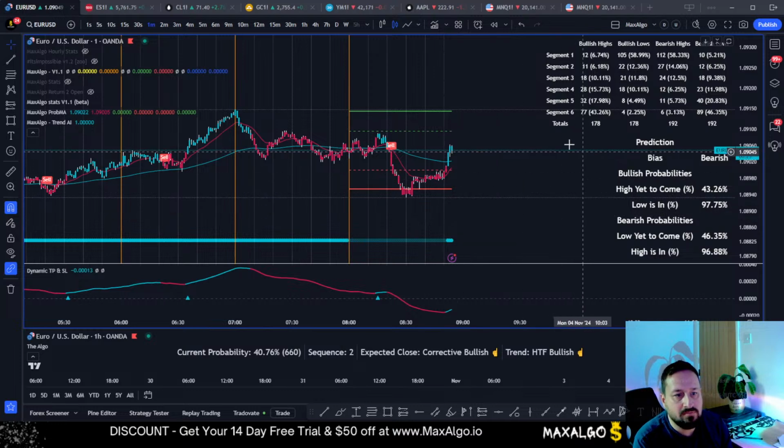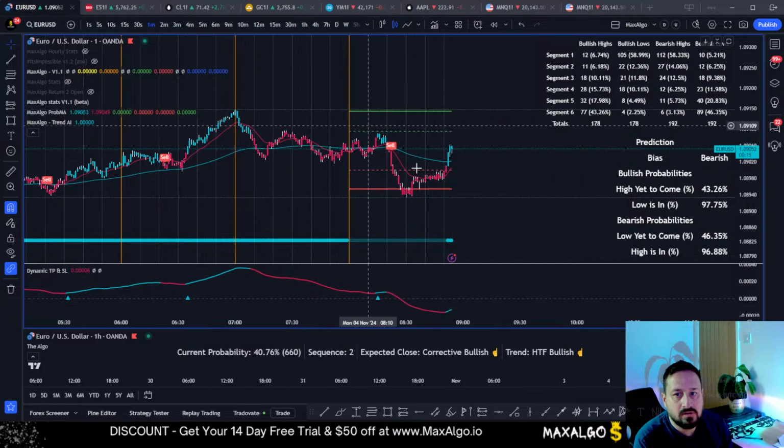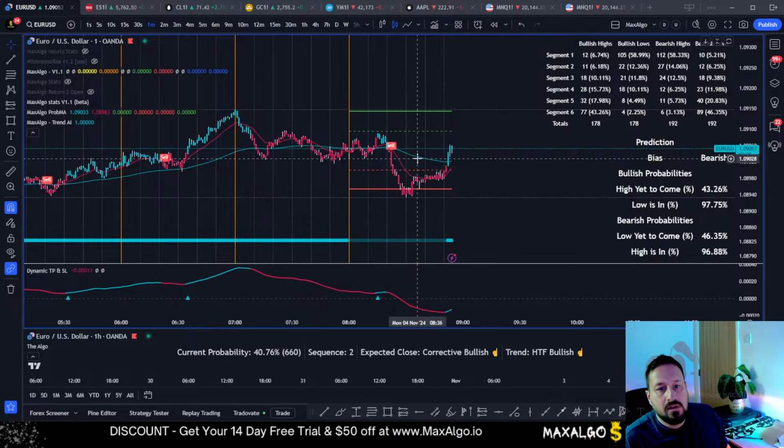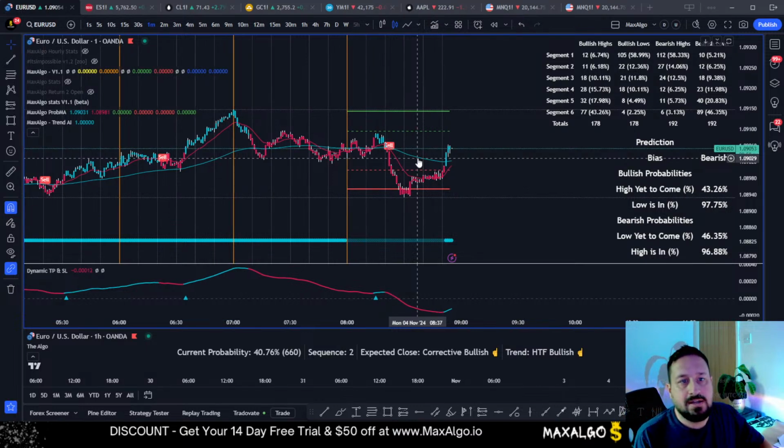Obviously when we combine enough confluences, we can get a good edge of what is going to happen, and then trade with those probabilities. We're trading with probabilities, not 100%, which means the majority of the time we expect to be right, not all the time.